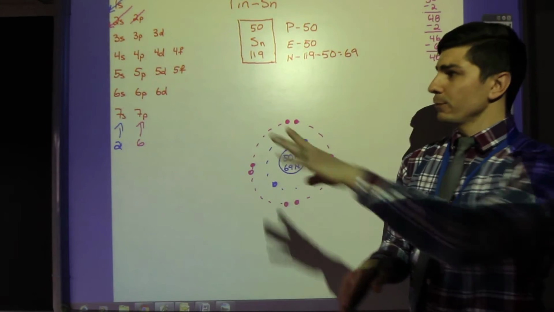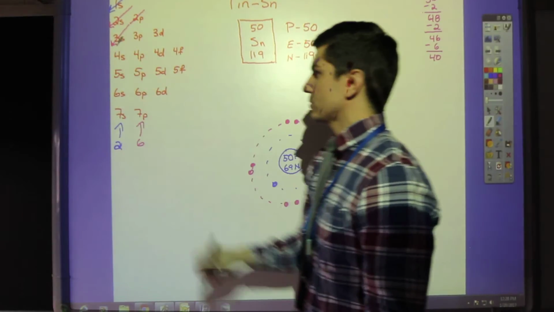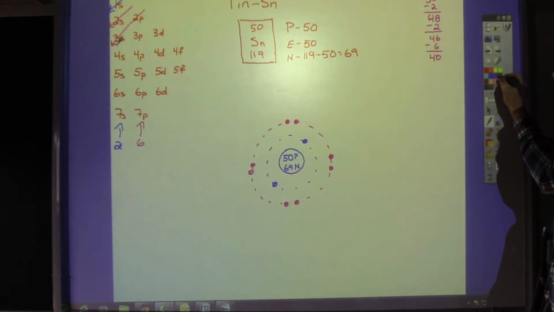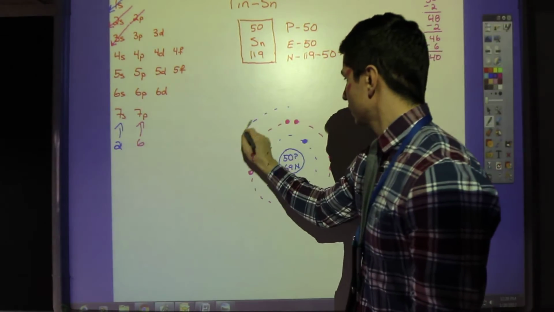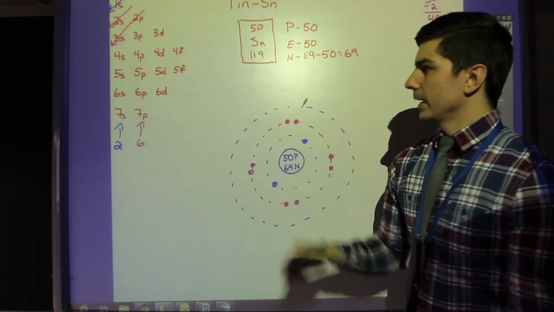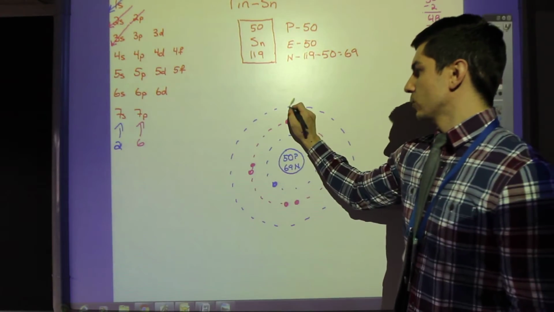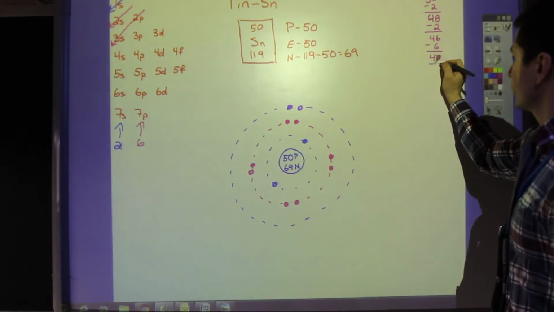All right. Now, if we look over here, after 2p, we're going to go to 3s. So the 3 in front of the s tells us we got to start another orbital. I'll use purple for that color. And again, it's 3s, so we're going to have 2 electrons. Any s has 2. Subtract our 2 over here.